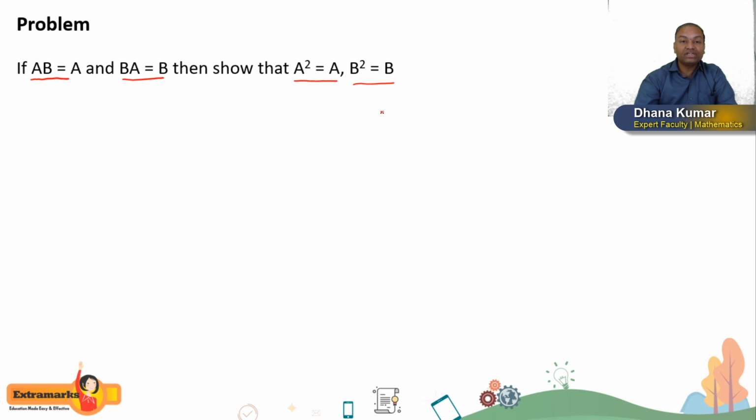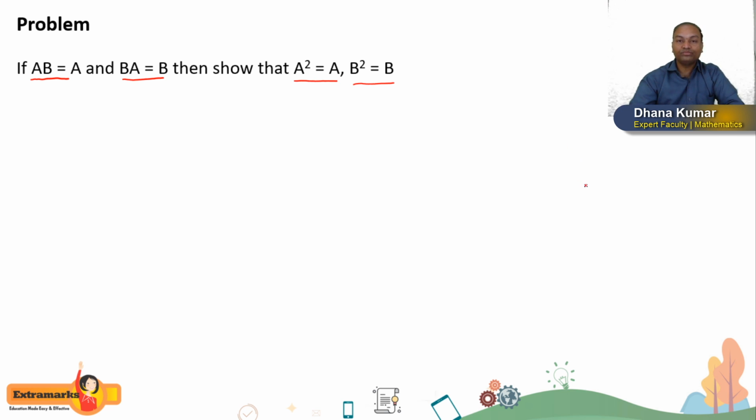Matrix multiplication need not be commutative. In some special cases, it is commutative. But matrix multiplication is associative. What is that associative property?